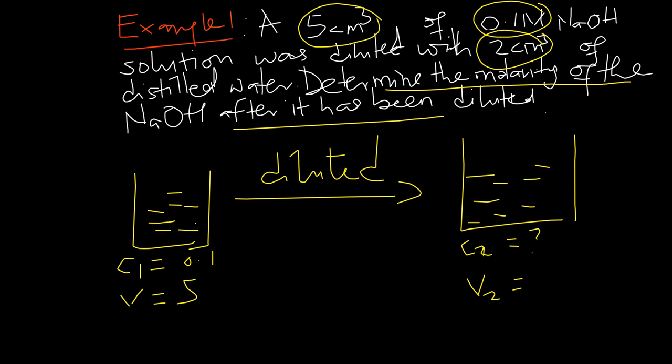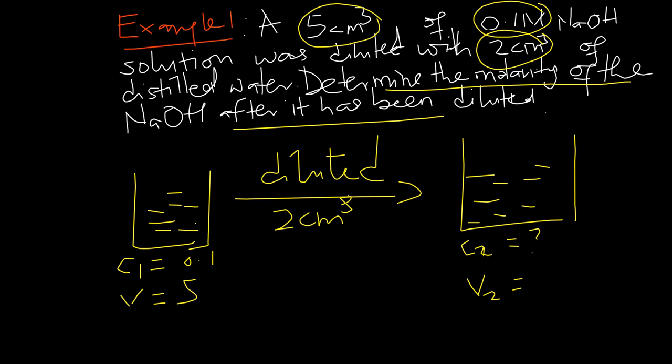We are told in the question that it was diluted with 2 cm cube of water. So 2 cm cube of water was added to the initial solution. If the initial solution had a volume of 5 cm cube and an additional 2 cm cube of water was added, what will the new volume of the solution be?